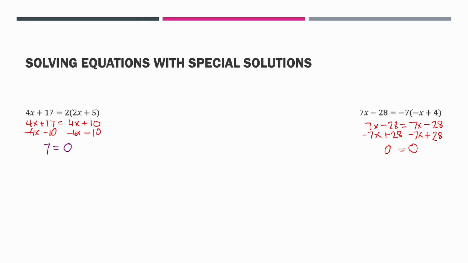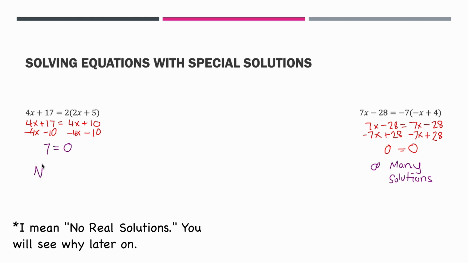And this signals to you that these two expressions are completely identical. All real values of x are solutions. So this has, in fact, infinitely many solutions. And I'll put no solution here for the first one because that's what it has.